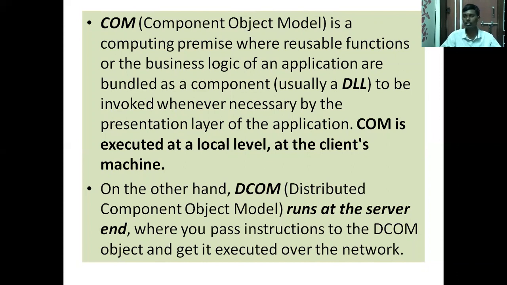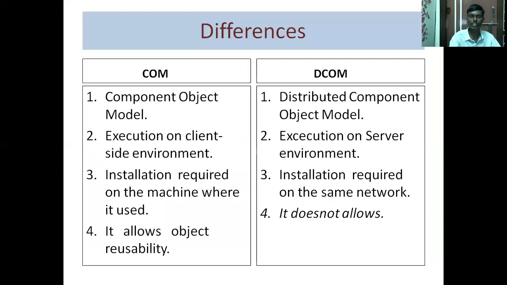On the other side, DCOM, the distributed component object model, runs at the server end, which means it runs in the server environment, where you pass instructions to the DCOM object and get it executed over the network. As I have said before, DCOM is an extension of COM, and here are the differences. Have a look at the differences.